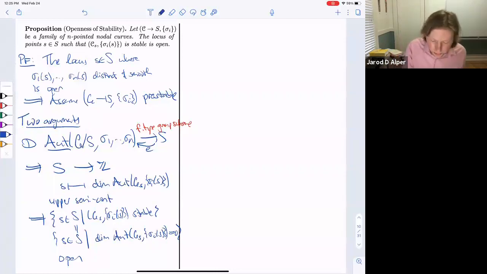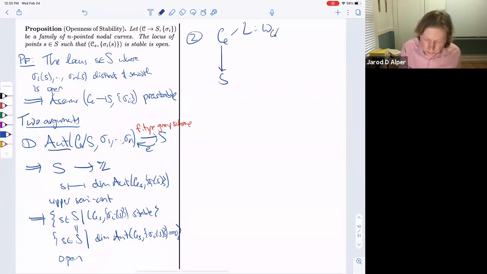And for the second condition, rather than looking at the finiteness of the automorphism group, I could look at this family of curves and at L, which is the relative dualizing sheaf. And I know that ampleness is an open condition.